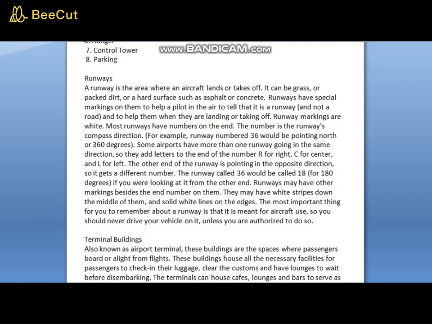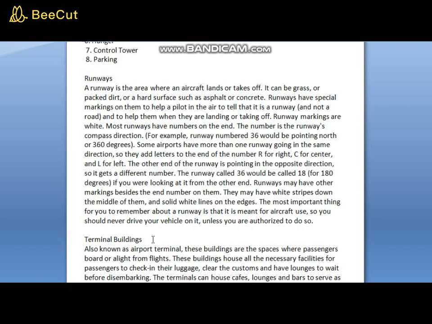Runways have special markings on them to help a pilot in the air tell that it is a runway and not a road, and to help them when they are landing or taking off. Runway markings are white.